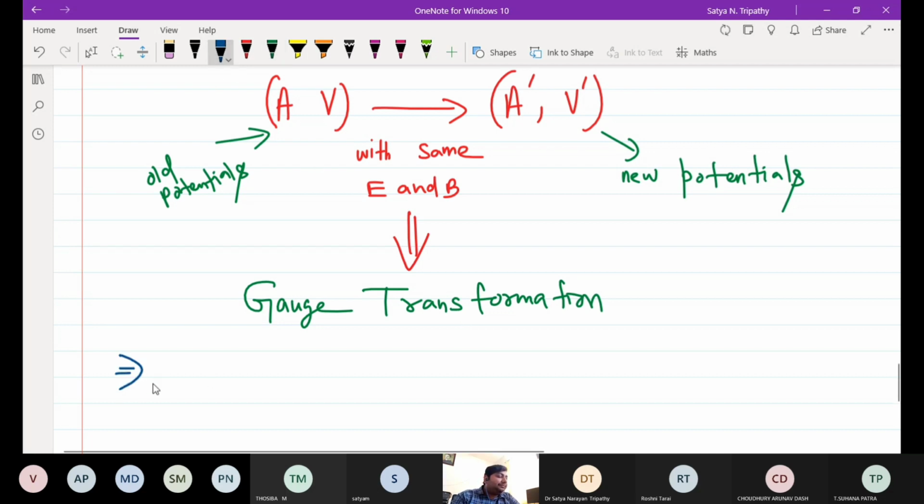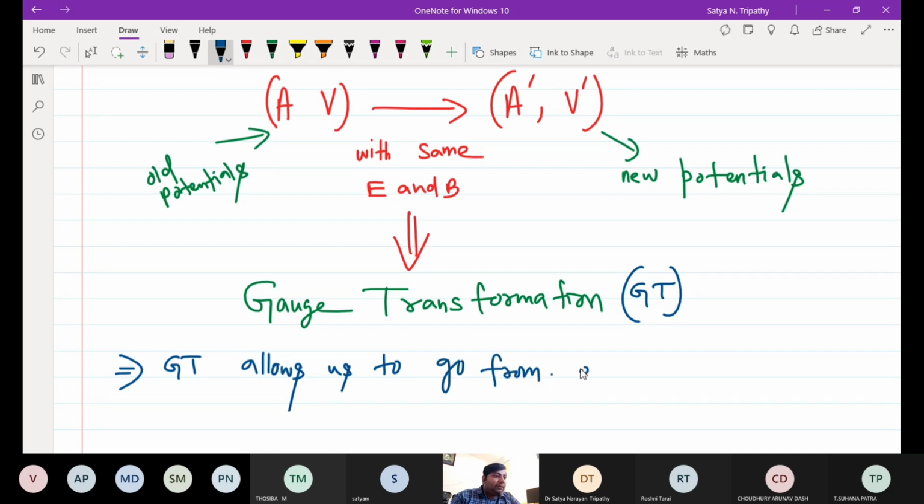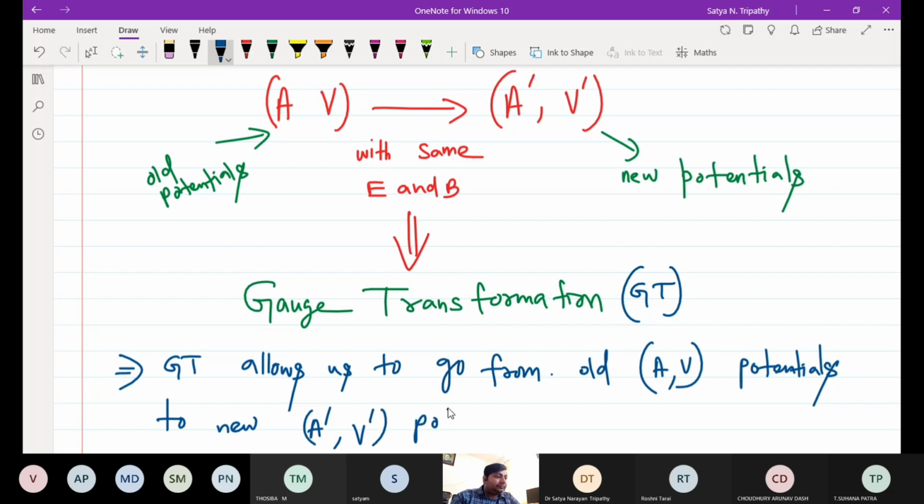I'm writing it here, gauge transformation. I'll write it GT. GT allows us to go from the old A, V potential to the new A dash, V dash potential by keeping E and B the same.